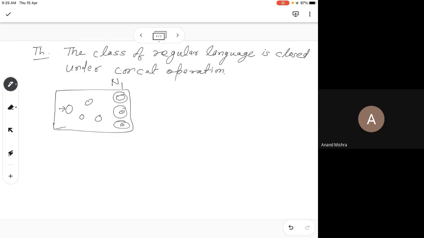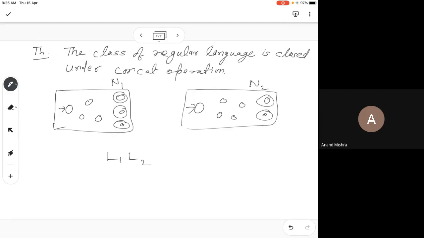We have N2, which is another NFA. It will have one unique start state, some non-final states, and some final states. So N1 recognizes L1, N2 recognizes L2, and what we want is something which recognizes L1L2. This is what we want.